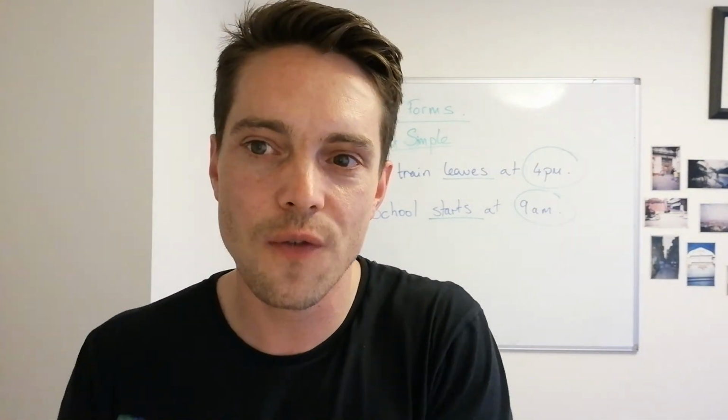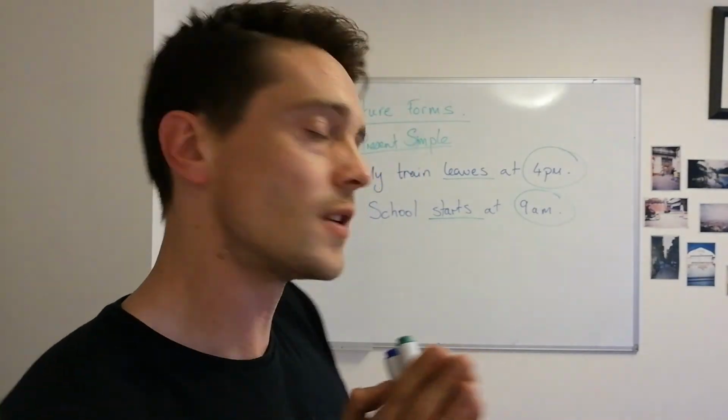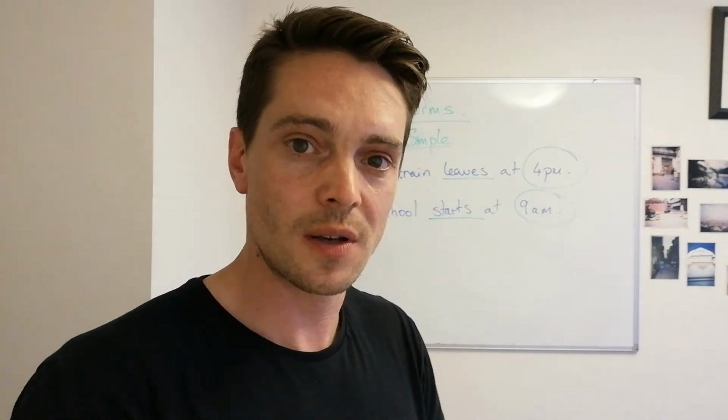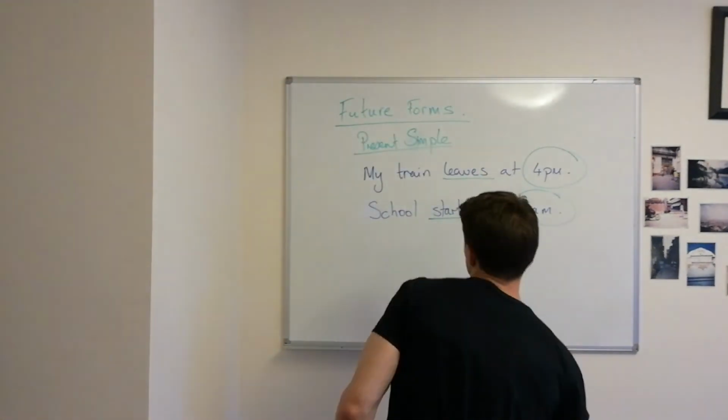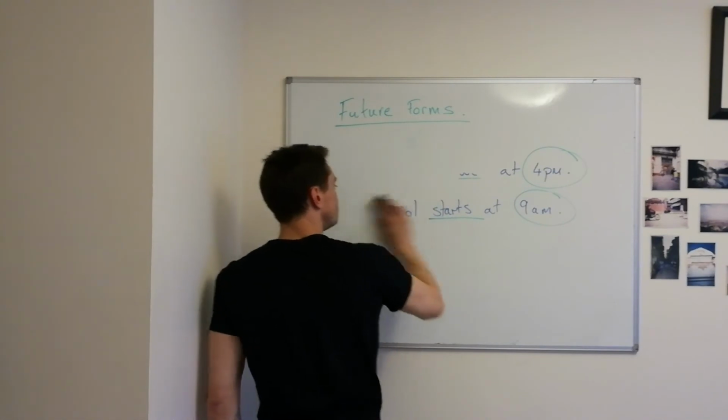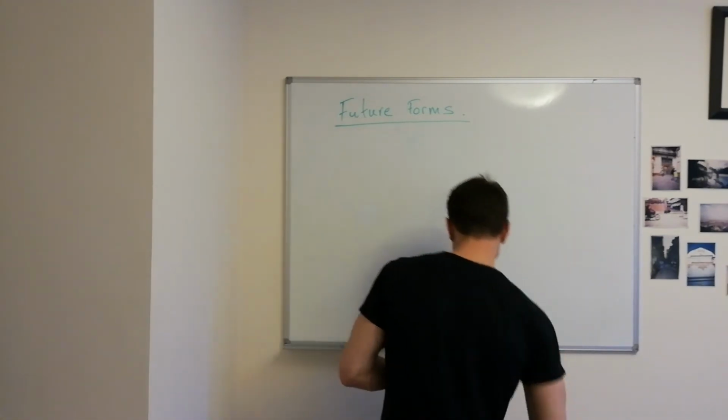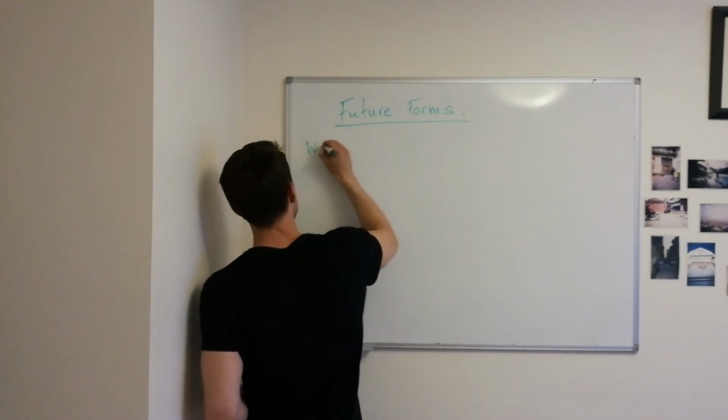Okay, let's go through the 4 ways of expressing future forms in English. So as we said, the first one is will.